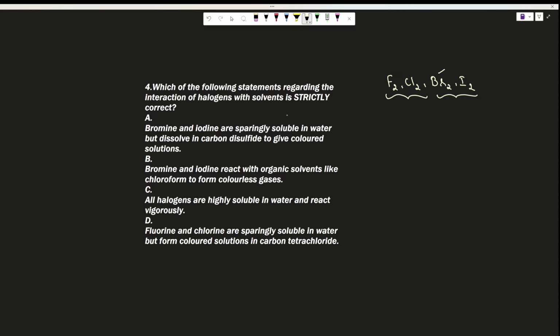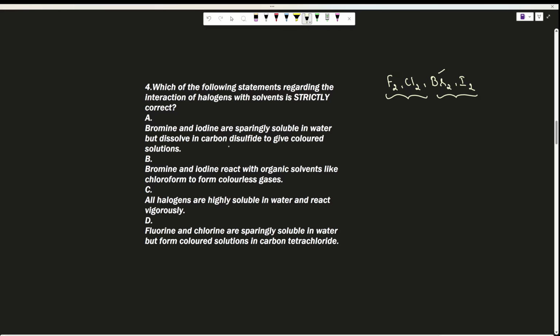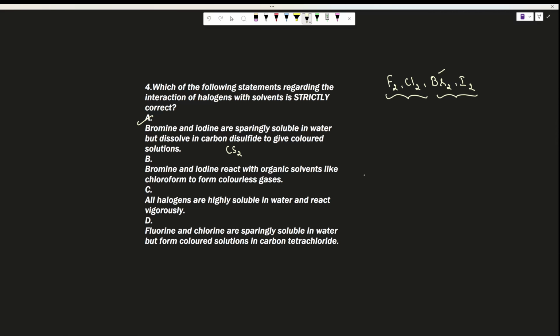So here the first option itself, if you see, bromine and iodine are sparingly soluble and dissolve in carbon disulfide. Carbon disulfide, CS2, is an organic solvent, so they dissolve in it. So when you do this chlorine water test or bromine water test, you use carbon disulfide or carbon tetrachloride as the solvent.